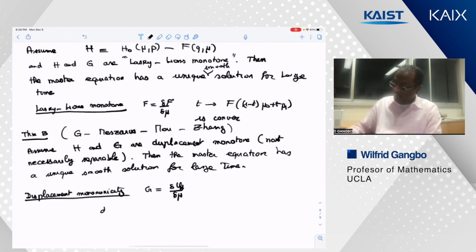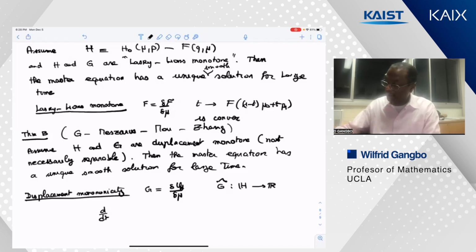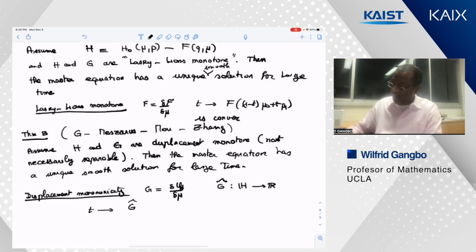Displacement monotonicity means, if you set G hat to be the lift of G, that the function T goes to G hat of (1 minus T) S naught plus T S1 is convex.